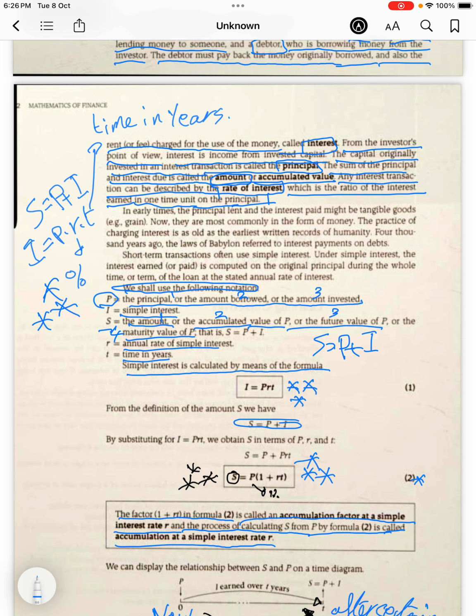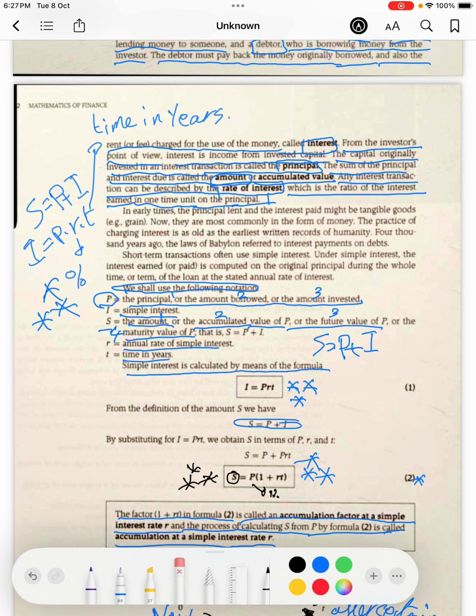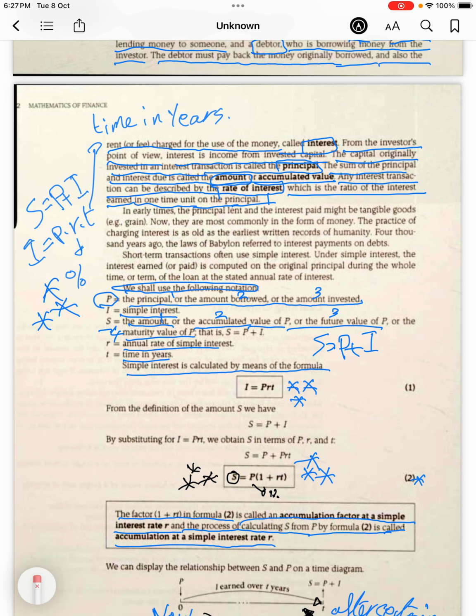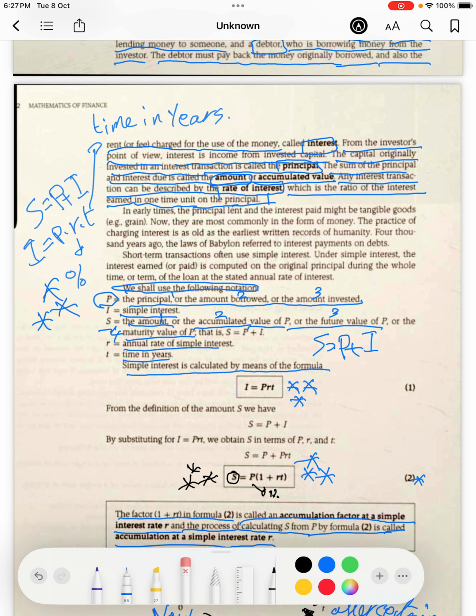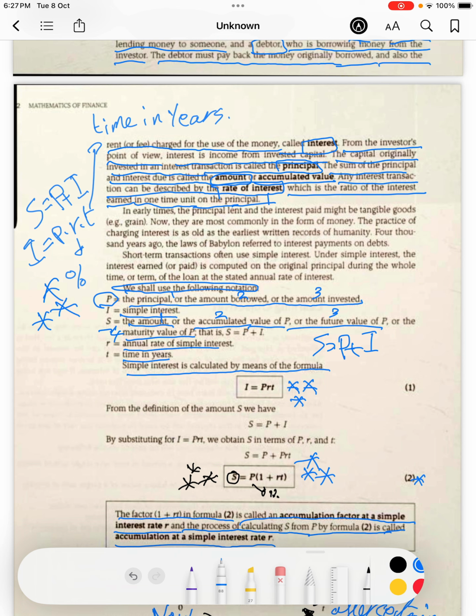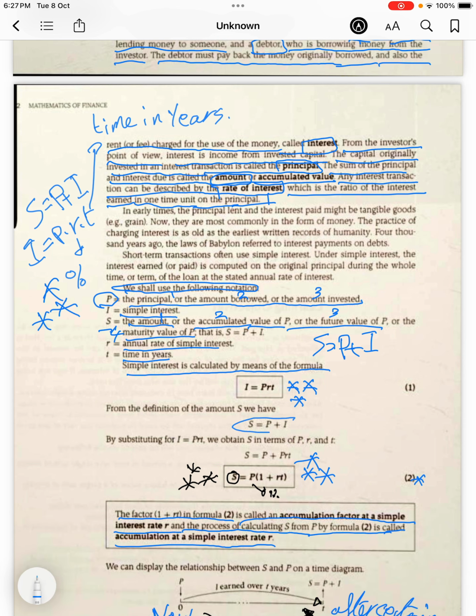From the definition of the amount S, we substitute PRT instead of I, and take P as a common factor.